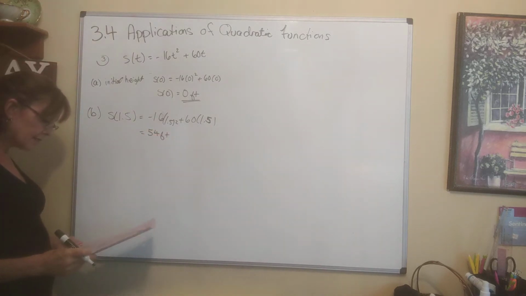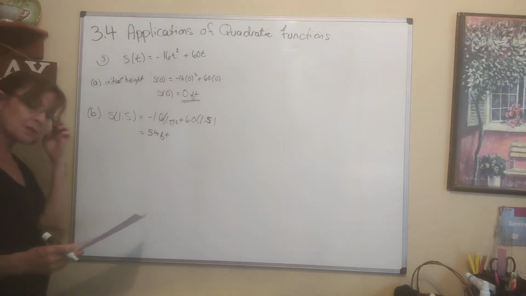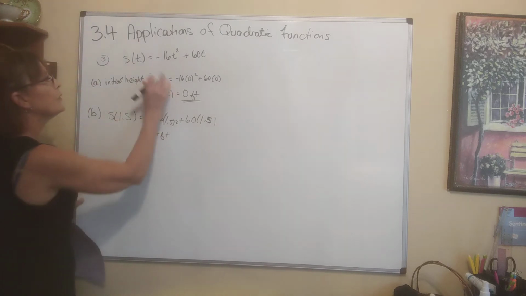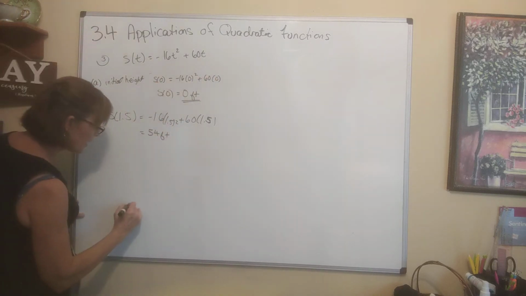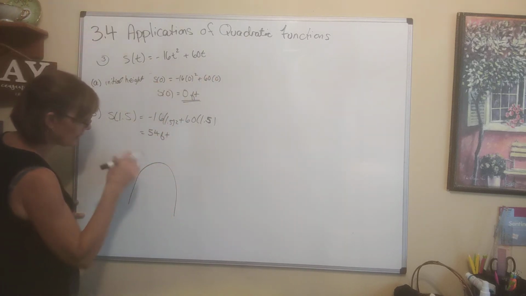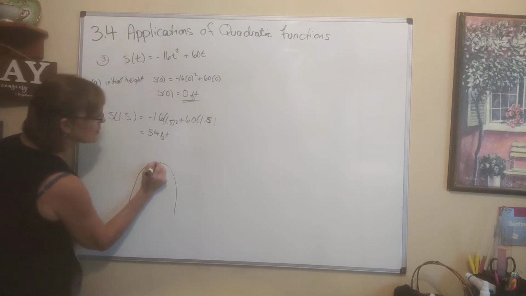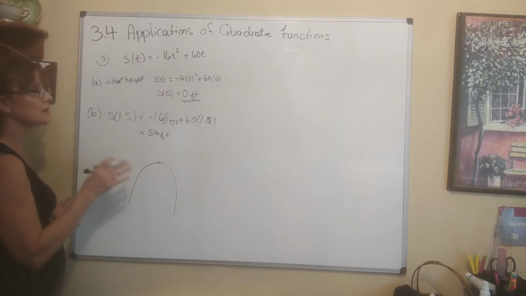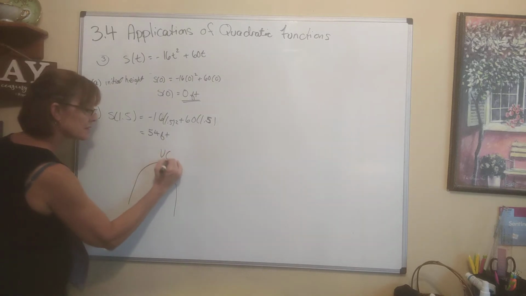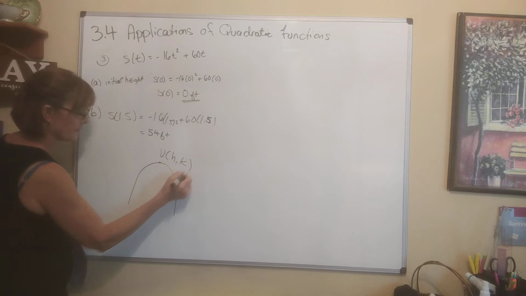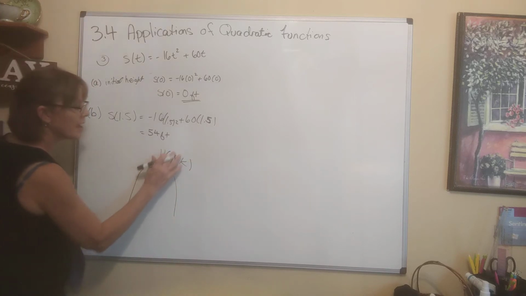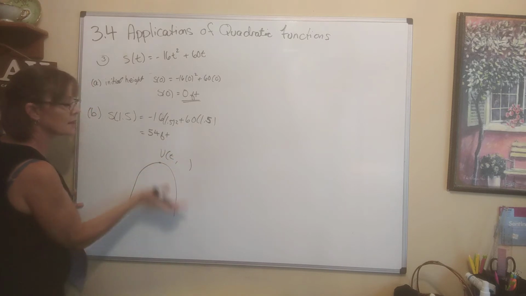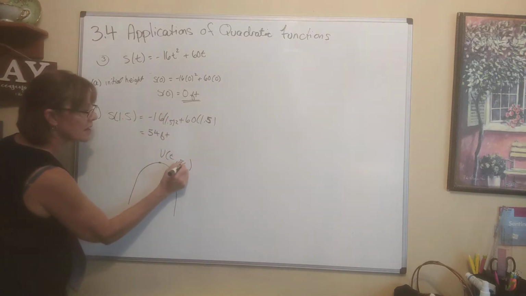Then the last part says find the maximum height of the golf ball. How high does it go? If we look at this equation, it is again a parabola facing down. This is going to be the maximum height, and so the max height occurs at the vertex, (h, k). In this case, h is a time, and k is a position, or s of t.